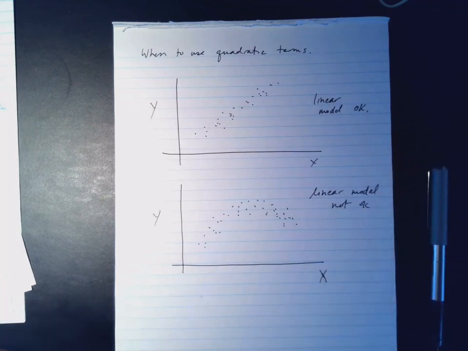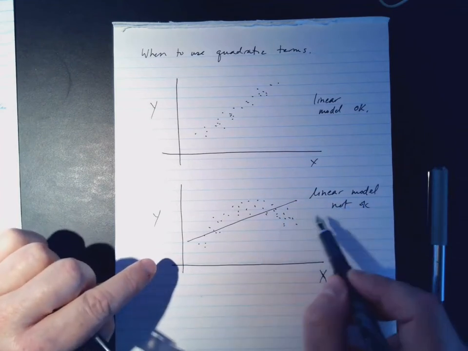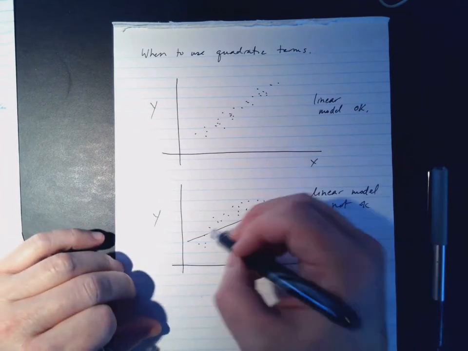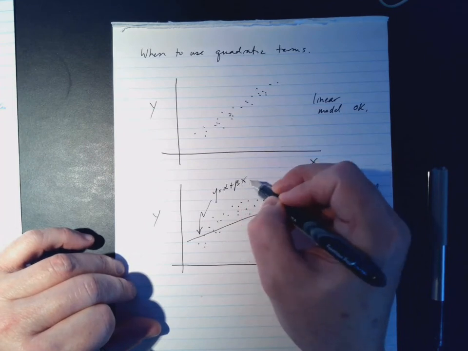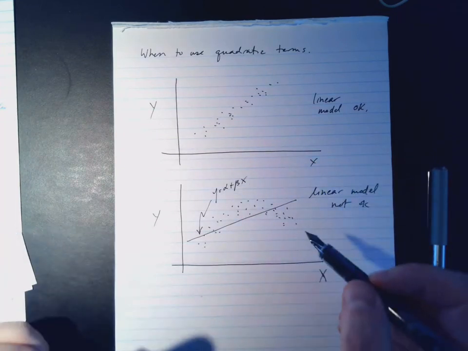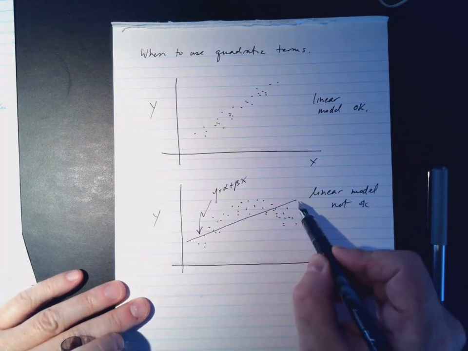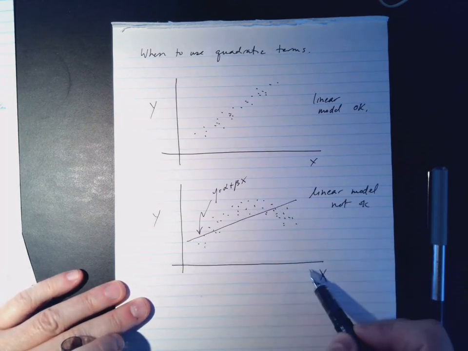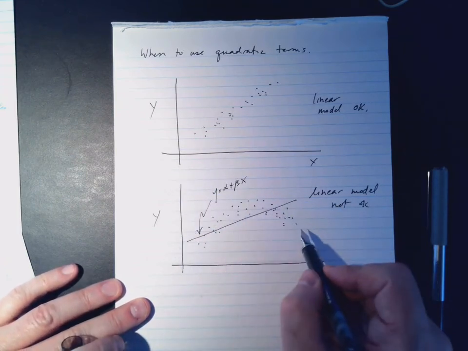You'd in effect be fitting a line through here. By fitting a straight line, just an ordinary linear function like that, you are imposing on the data the idea that as x goes up, y always goes up. But that's clearly not the case here.